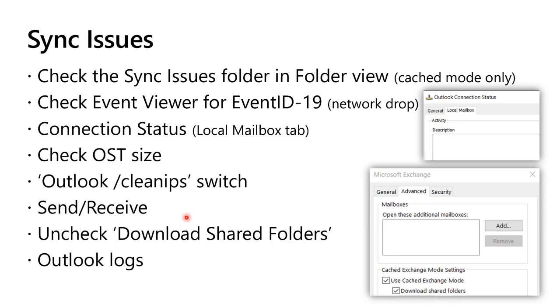We could also try outlook.exe /cleanips, which could also help with this, to clear any offline items. This is mainly helpful on older Outlook versions, as the newer ones have this built in. In the worst case, we could also try the clear offline items option.